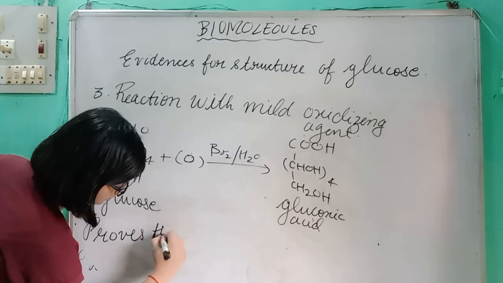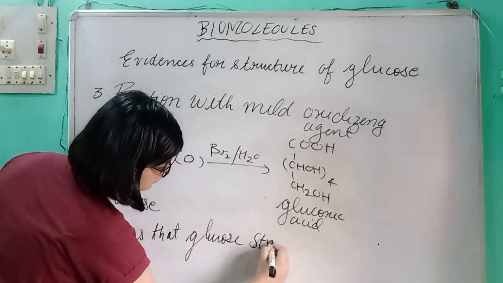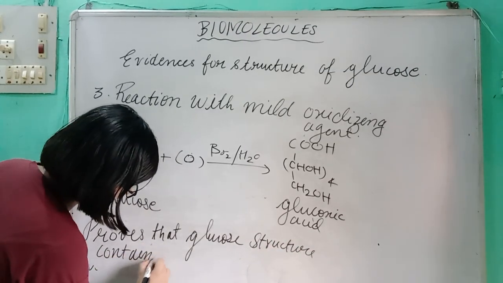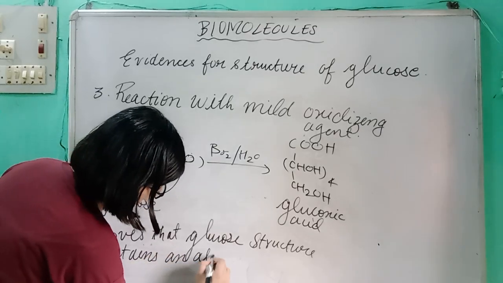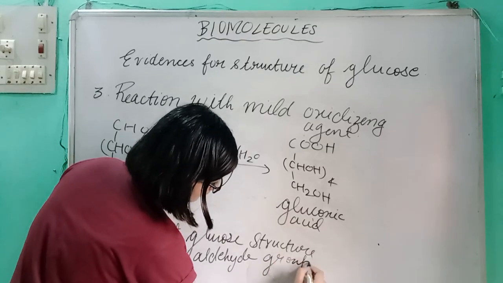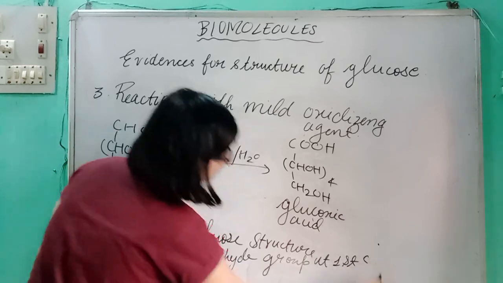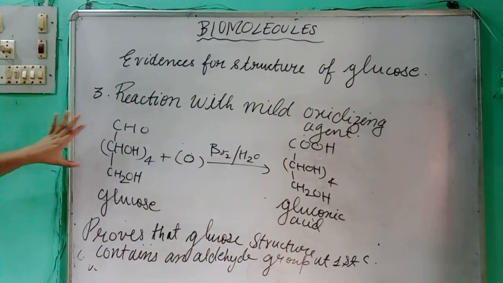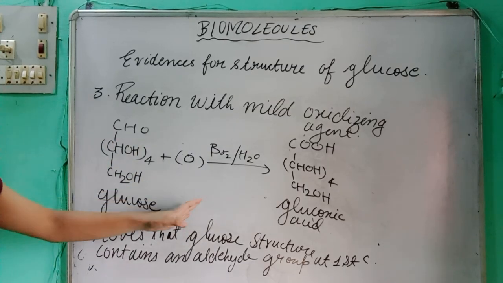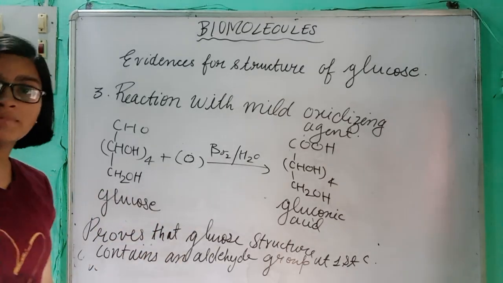So at the first carbon there is an aldehyde group. This is proved by the reaction of bromine water with glucose. That is, when any mild oxidizing agent reacts with glucose, gluconic acid is formed, and this proves that there is a presence of an aldehyde group at the first carbon atom.